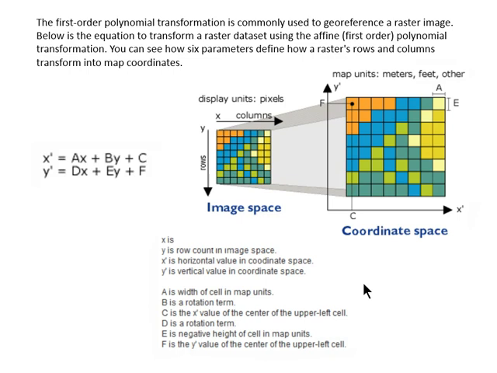The affine transformation is described in Appendix B. This is not something I expect people to master or become familiar with the mathematics of, unless you're particularly interested in it, but it is described in detail in Appendix B of our text.